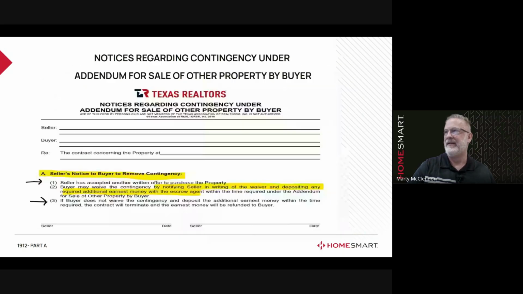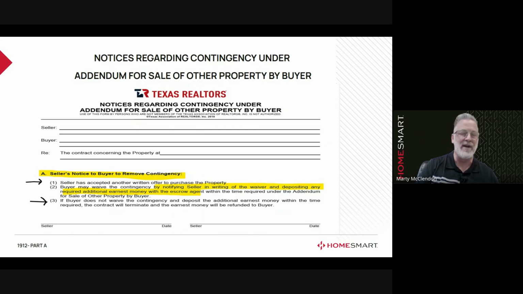Okay. So now we have a notice tied to that contingency, right? We just laid out the fact that your tenant added this to us, and you've got a date, and then you've got a notice tied to either the seller's response or the buyer's response. So here it says option A on the notice, which is 1912, a seller's notice to the buyer to remove contingency.